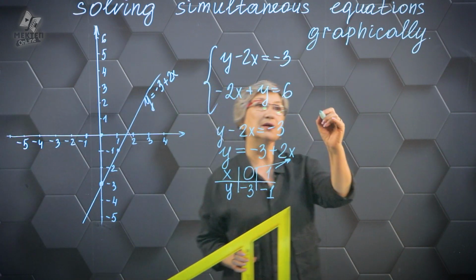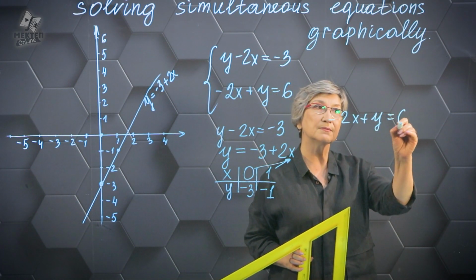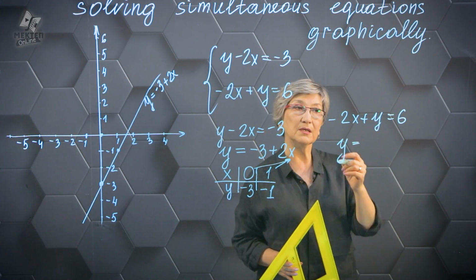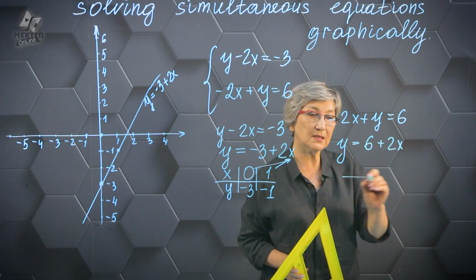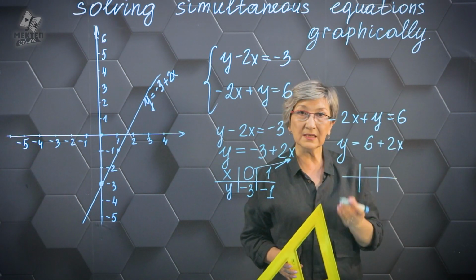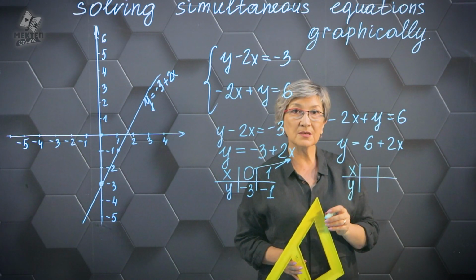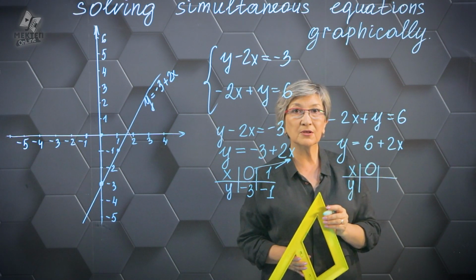Now let's look at the next equation, 2x plus y equals 6. In this case, we will also express the variable y: y equals 6 minus 2x. Then, we need just 2 points, and we will calculate y. For x, I will set the value to 0.